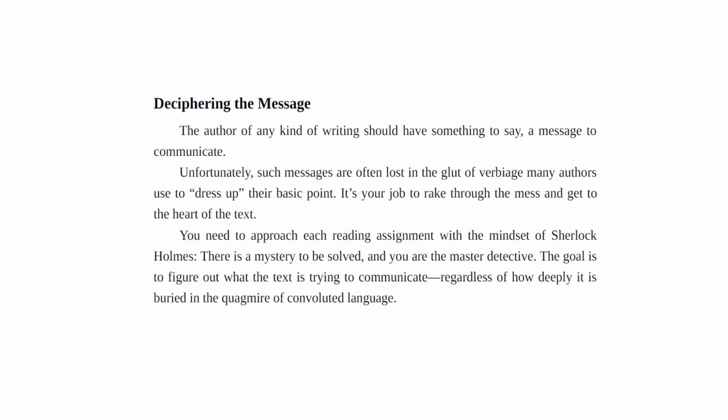Luckily, I've heard this term before. So this crazy stuff here, unfortunately, such messages, right? You're trying to find the message of what the author is saying, are lost in the glut of verbiage. Verbiage means using too many fancy words, and they use it to dress up their basic point.